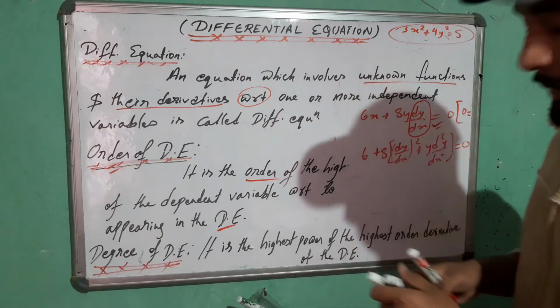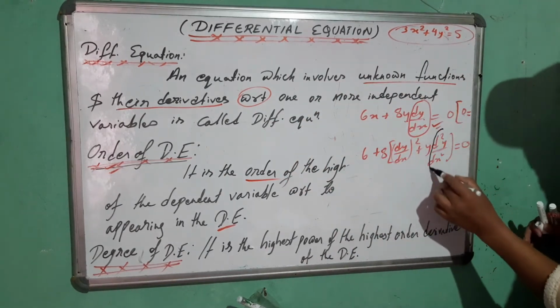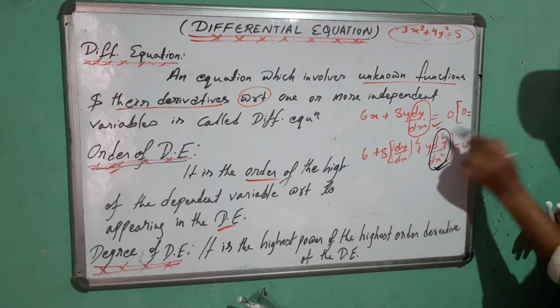Order means the maximum number of times you have differentiated. So the order is 2, second order.